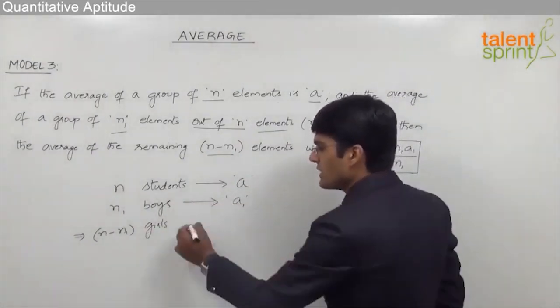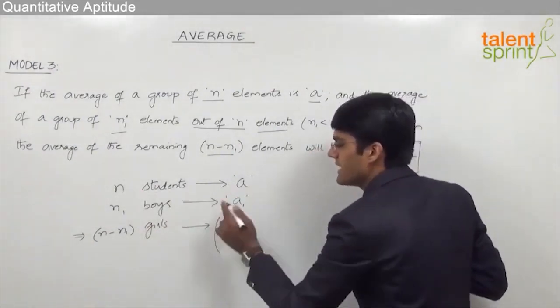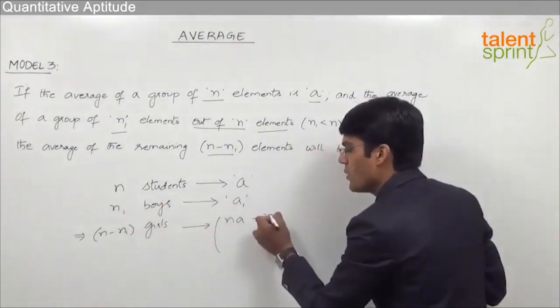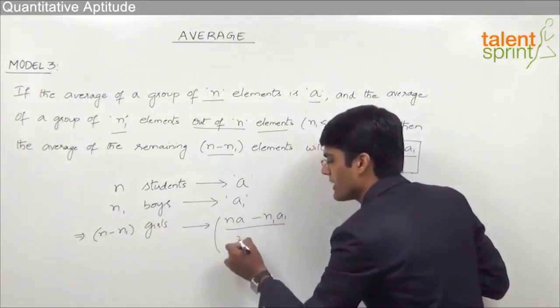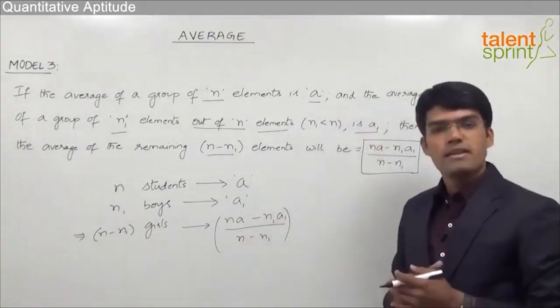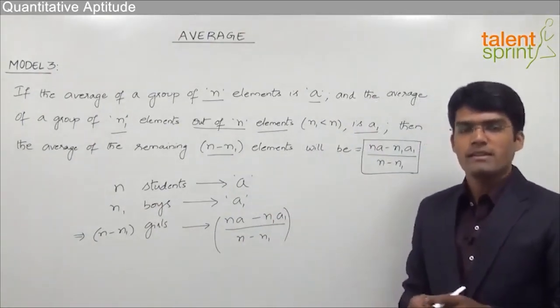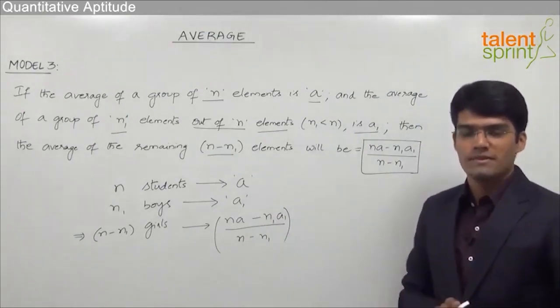So the average of the girls here can be calculated as total of all the students, that is n into A, minus the total of all the boys, n1 A1, divided by the number of students minus number of boys, so n minus n1. So this is how this point is useful in finding out the average of a second group when the average of the first group and the overall group is given to us.